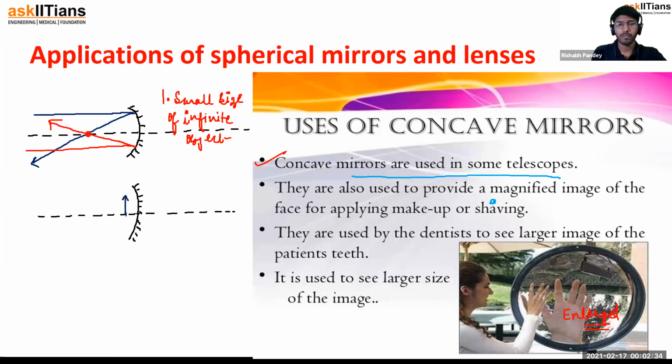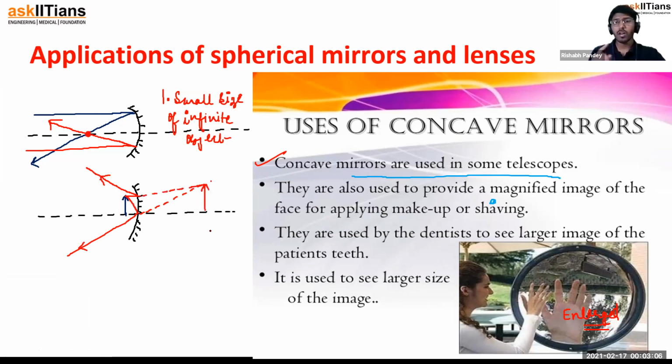The rays formed in this case: a ray traveling like this, going like this, and a ray which goes like this and then again goes like this. That means this will always form a virtual image when the object is very close to it. And if I extend it like this, it forms an image over here.